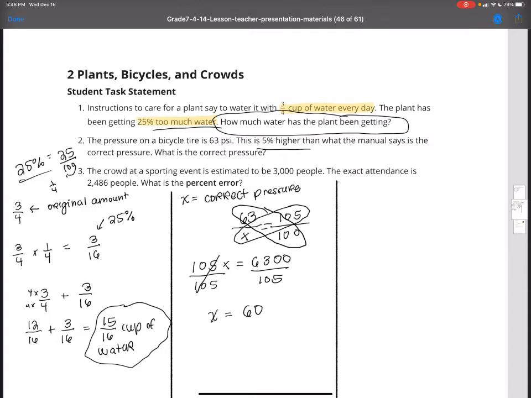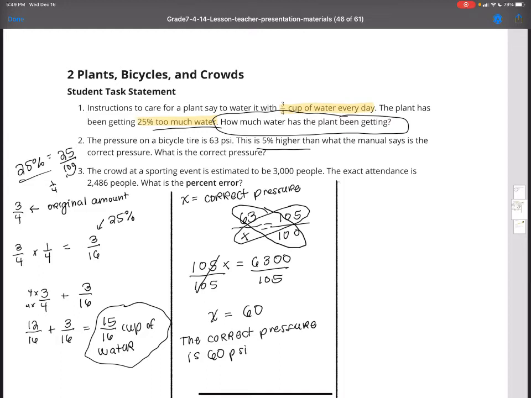All right, so if I have to write this in sentence form, the correct pressure is 60 psi. All right, so let's move on to the next one.